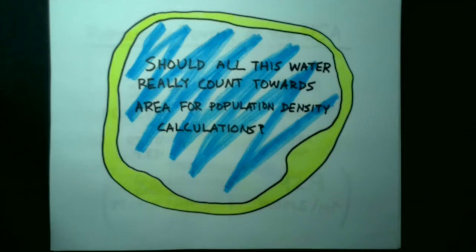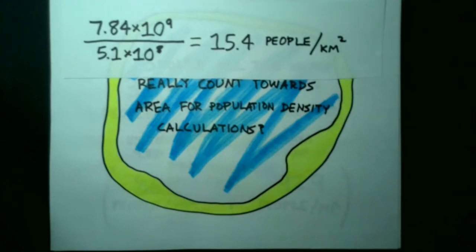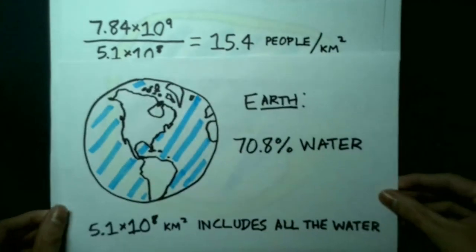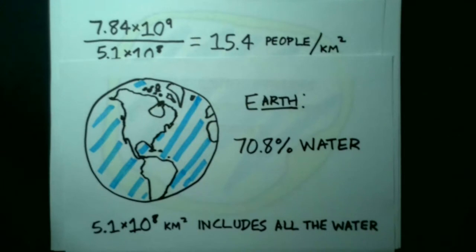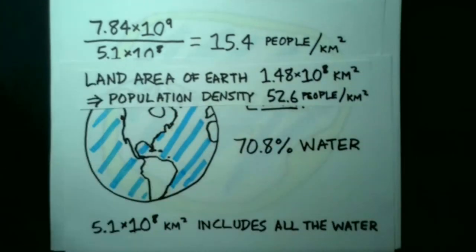Taking this into consideration, why is 15.4 people per square kilometer not the right figure to use for the population density of the Earth? Because that's based on the Earth's full surface area, and 70.8% of the Earth's surface is water. Far more reasonable is to use the land area of the Earth, which is about 148 million square kilometers, giving a population density of 52.6 people per square kilometer.